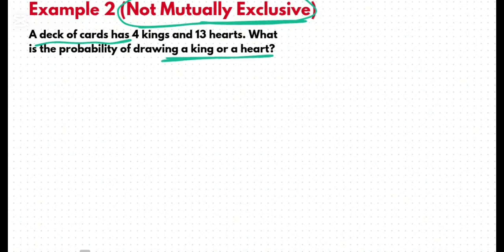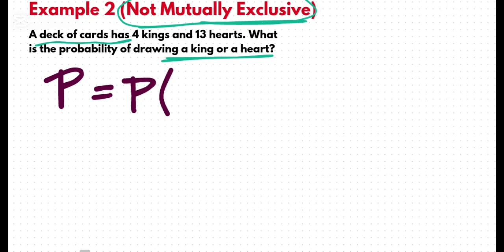So the probability of king or heart is equal to the probability of king. Because you see there is an overlap, you have to subtract this.